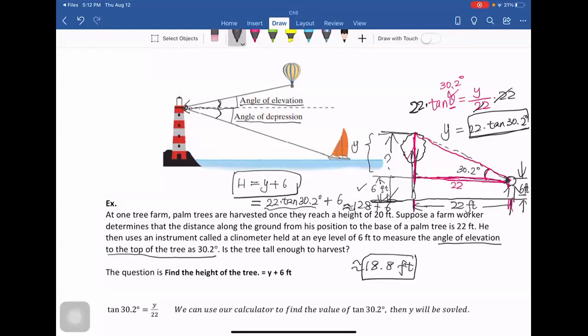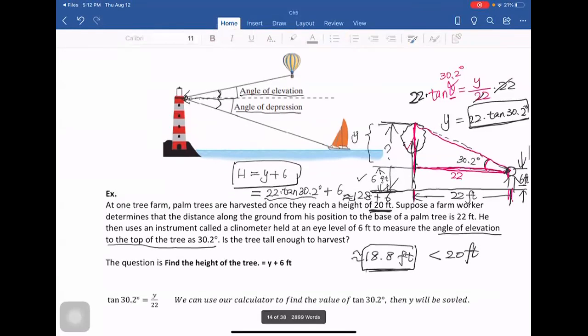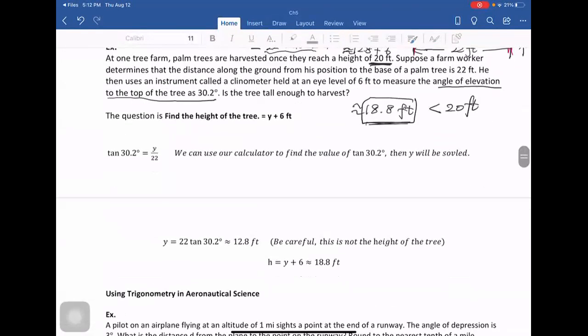So this one is less than 20 feet, because when the tree reaches the height of 20 feet, the tree is harvested. But this height is less than 20 feet. So we cannot cut it. It cannot be harvested. Okay, let's move on to see the next part.